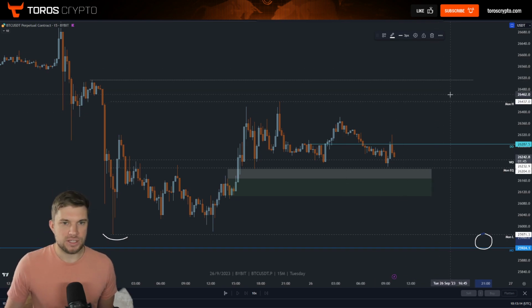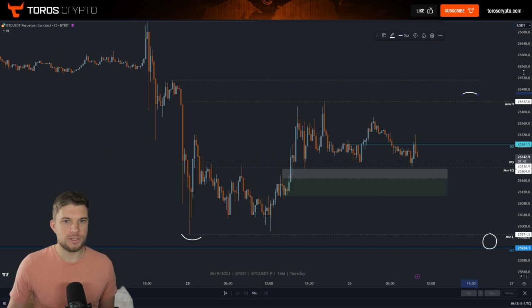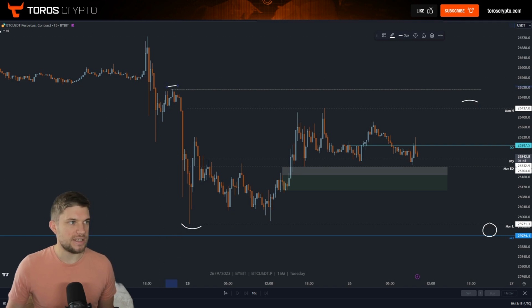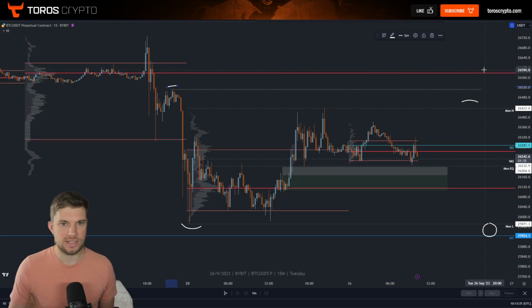If we are to take out our Monday high, then just above that, we also have a little bit of liquidity. And then if we add on our session volume profile, we can see that we have an MPOC coming in around here. So taking out Monday lows, that Monday low and the monthly open, good confluence to take a scalp long position.